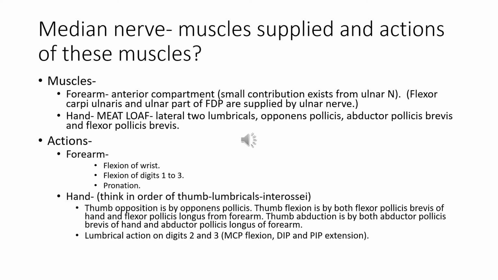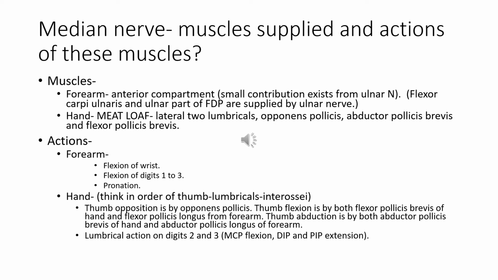In the forearm, median nerve innervated muscles produce pronation, flexion of the wrist, and flexion of digits 1 to 3. What about in the hand? In the hand, we always think in the order thumb, lumbricals, interossei.